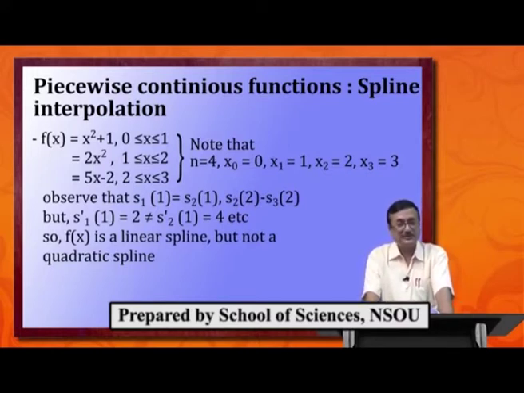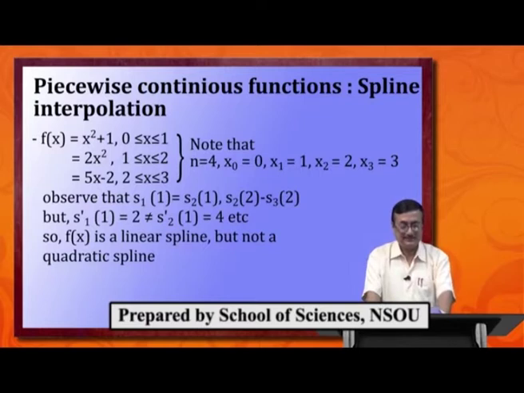So the first order derivative does not satisfy the required condition. So although the values satisfy the internal conditions, their first order derivative does not. And that is why f(x) may be termed as a linear spline, but it cannot be a quadratic spline.